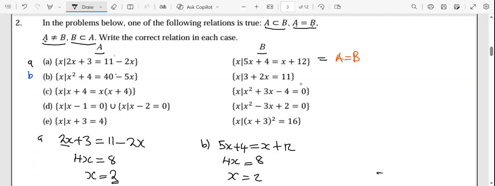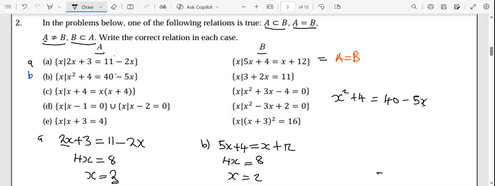All right, good. So now we are solving this part of A and also this part of B, because this will involve a bit of quadratic. So let's see. We have x squared plus 4x is equal to 4 minus 5x.